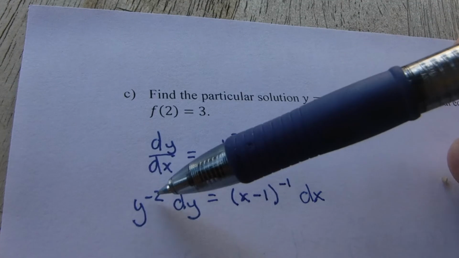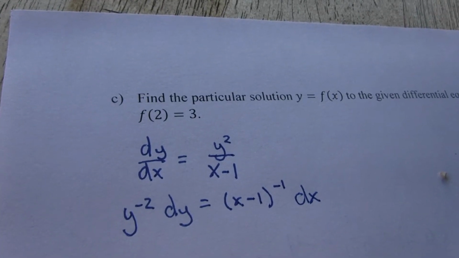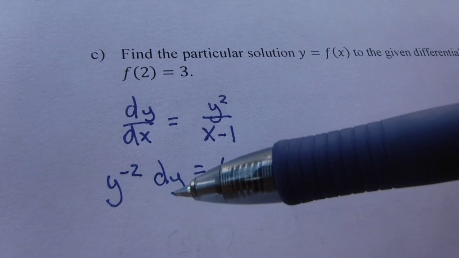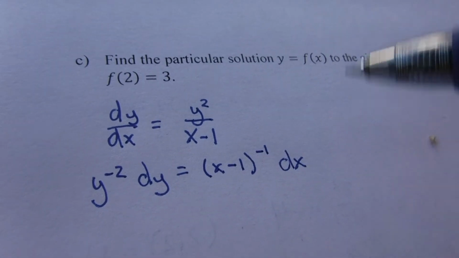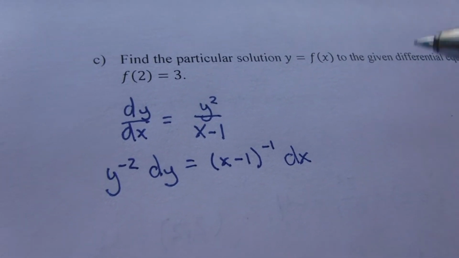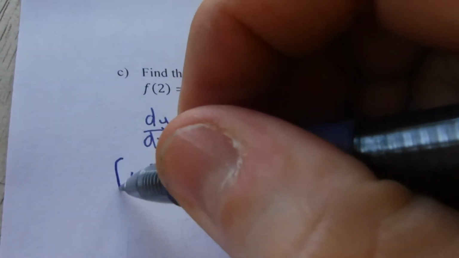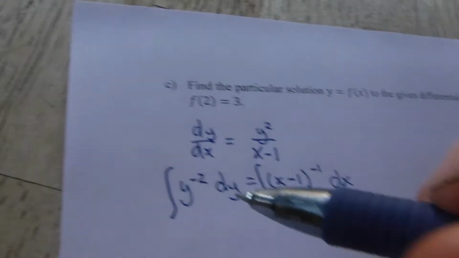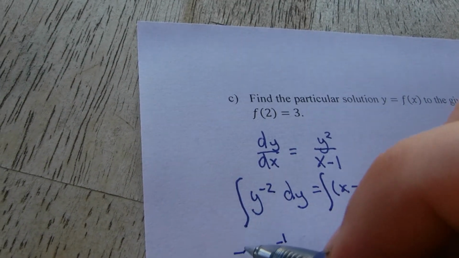What I've accomplished is all the y's on this side, all the x's on this side. Now that this is set up this way, what we want to do is get this back down to just a regular y, no d anythings. To do that, after we have this separation, we integrate both of these sides. We add 1, so this is y to the negative 1, flip it down, negative 1.